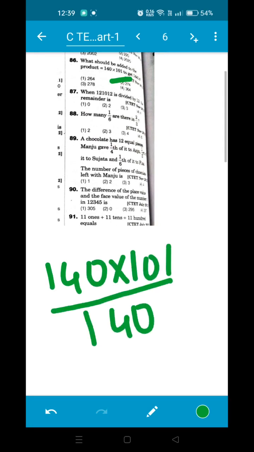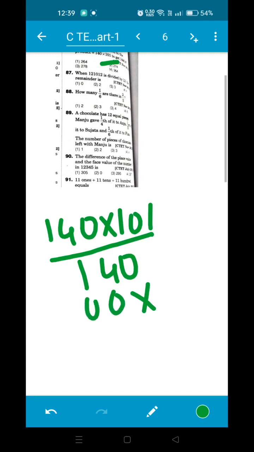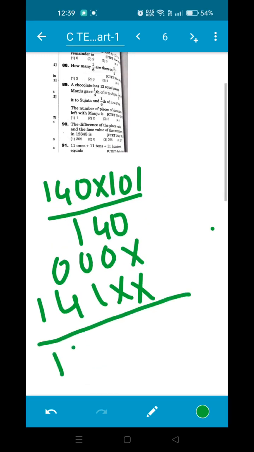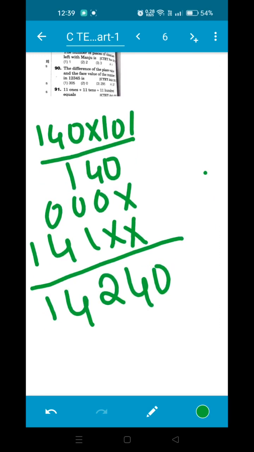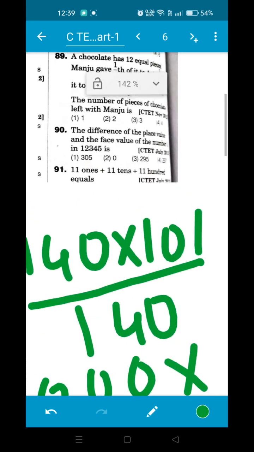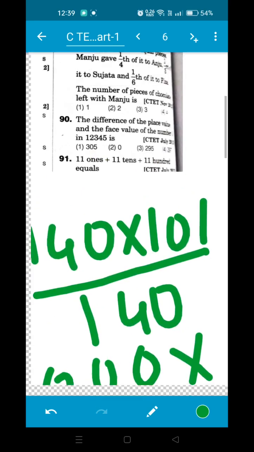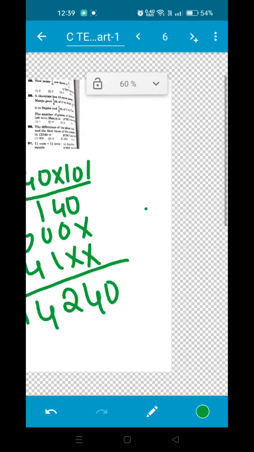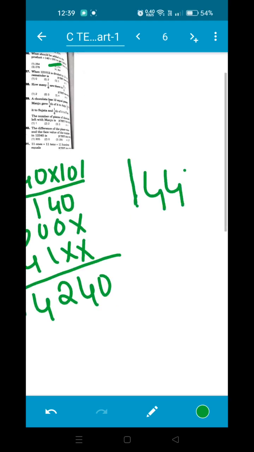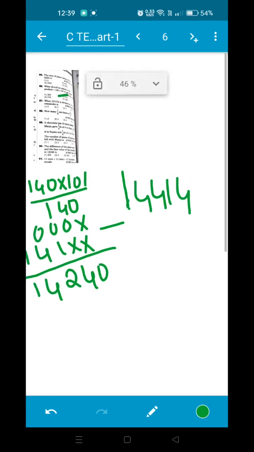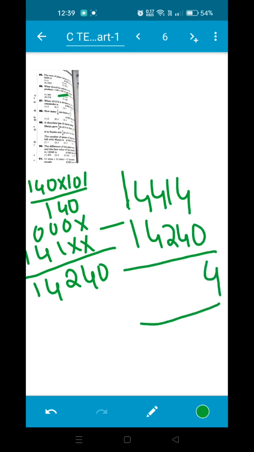With 1 means same, with 0 means zeros, again with 1 means same. So 14140 after addition. So this one will go that side. From this we need to subtract: 14414 minus what we got, 14140. You need to take this difference.